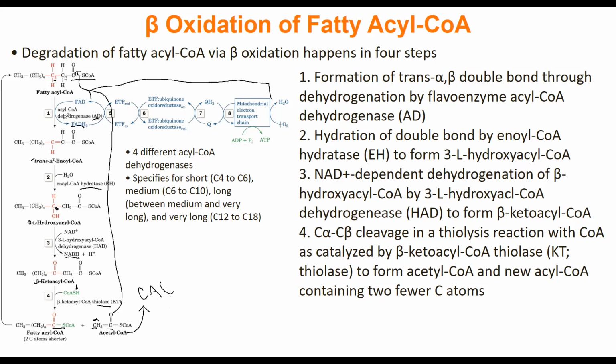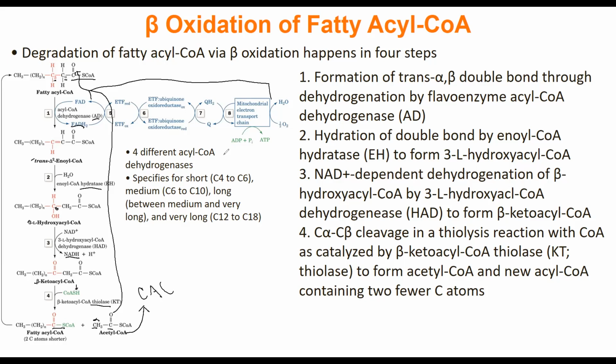Now the first step here, acyl coenzyme A dehydrogenase. These only work on specific fatty acids. So we actually have 4 different versions of this enzyme, and they're just for different tails. So we have an acyl coenzyme A dehydrogenase for fatty acids that are 4 to 6 carbons long, one that's for 6 to 10 carbons long, and then you have one that are between like medium and very long.